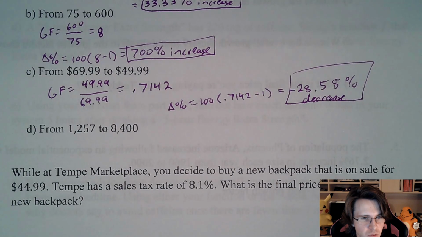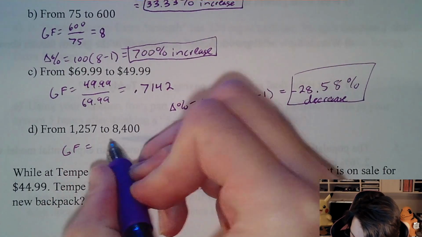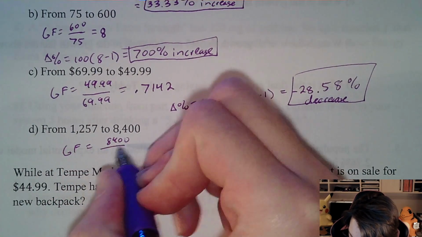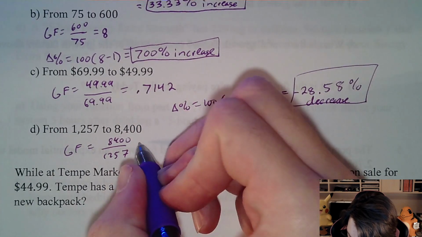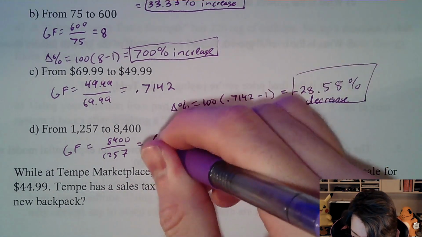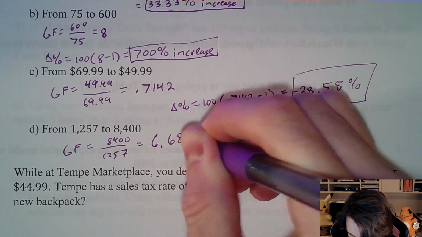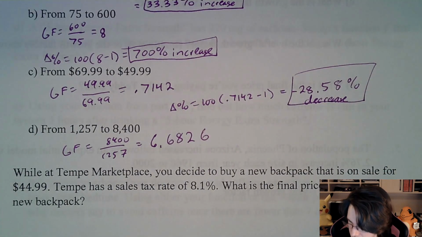From 1257 to 8400. So our growth factor here is going to be 8400 divided by 1257. Definitely need a calculator for that one. And that one's going to be 6.6826.